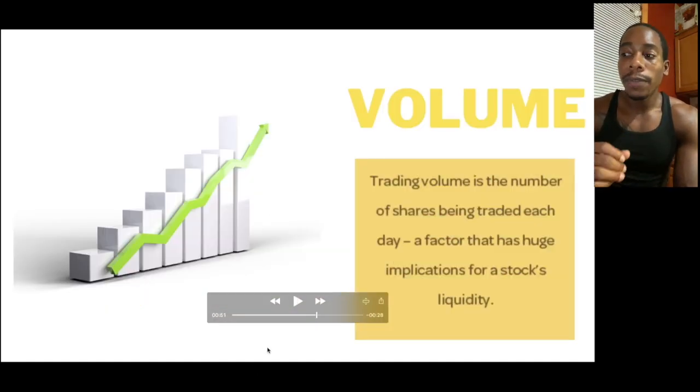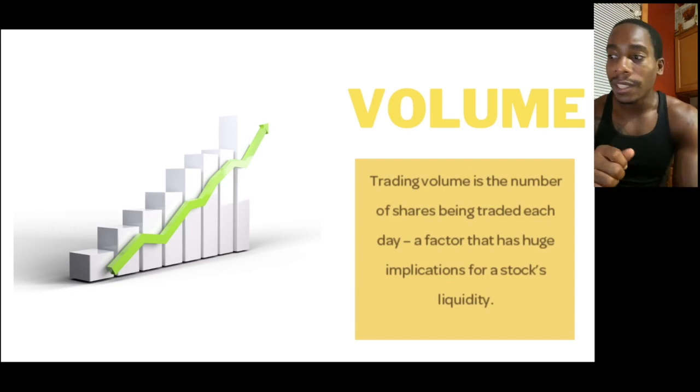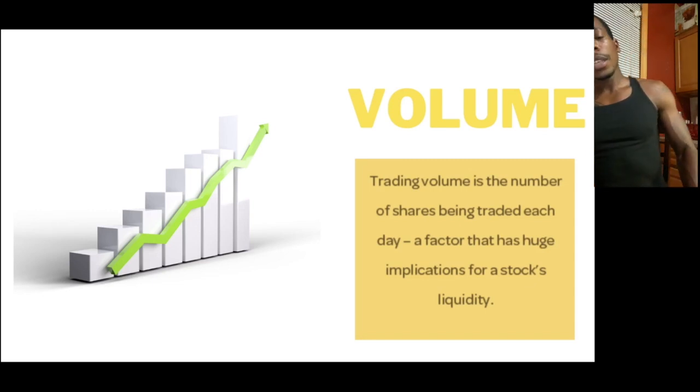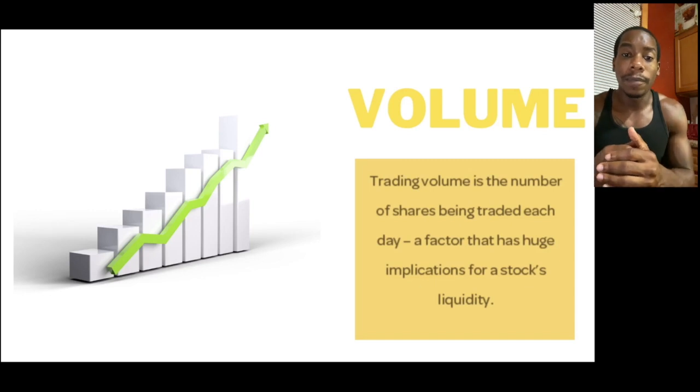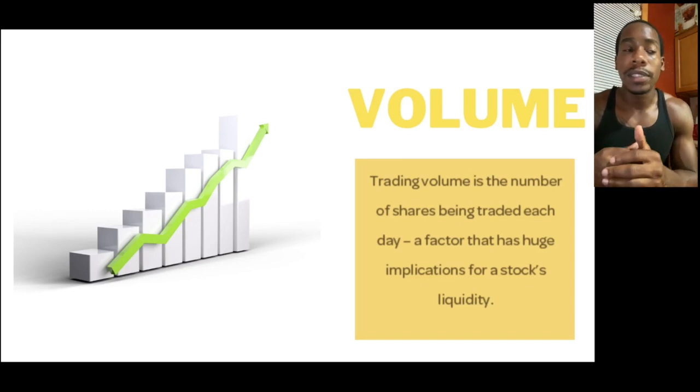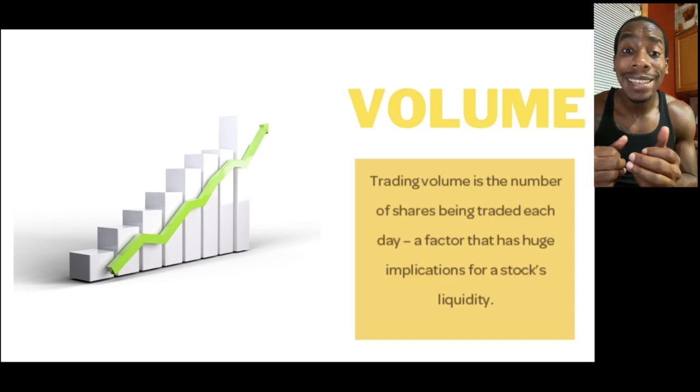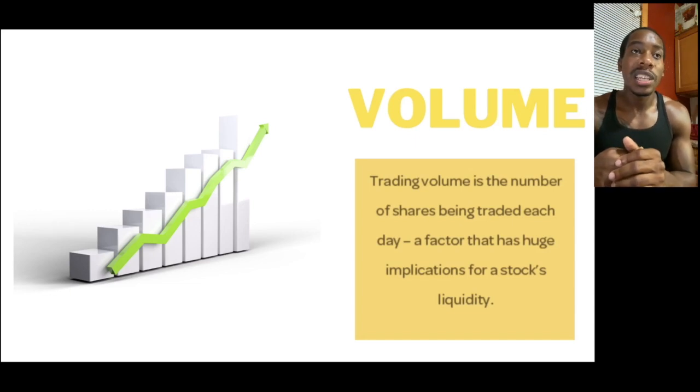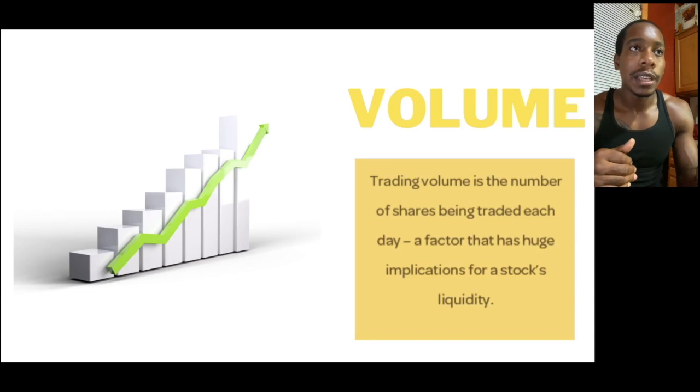Volume. Trading volume is the number of shares being traded each day, a factor that's a huge implication for stock liquidity, right? Some people say the volume happens before the price action happens, right? If we're seeing a lot of volume going on and it happens to be bullish, then it's most likely that it will be going in an upward trend.